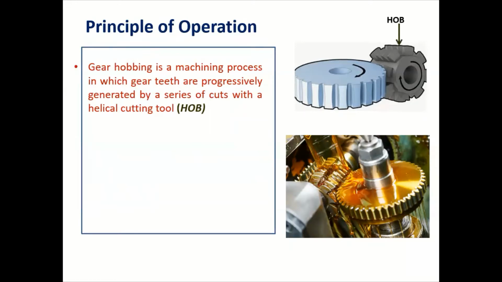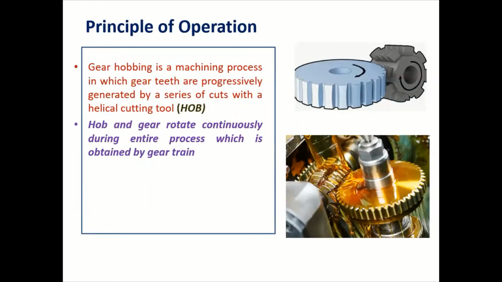In this diagram, this is a hob, which is cylindrical. The gear blank is mounted on the vertical shaft, and the gear hob is mounted on the horizontal shaft or spindle. The hob and gear are rotated continuously during the entire process, which is obtained by a gear train.